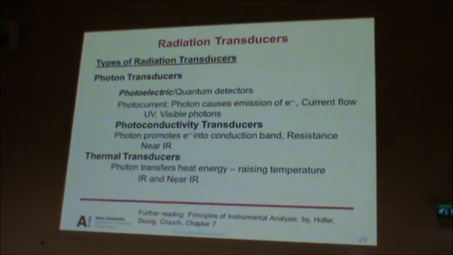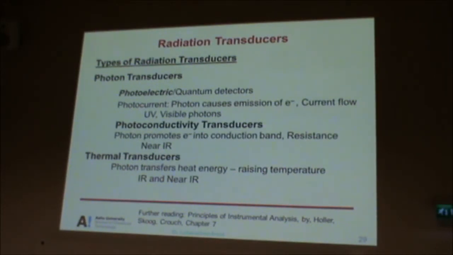Here are some examples. There are different types of transducers. One is photon, the other is thermal. Photon is where the light causes excitation of an electron. It knocks the electron out of the atom, where it goes into the conduction band.